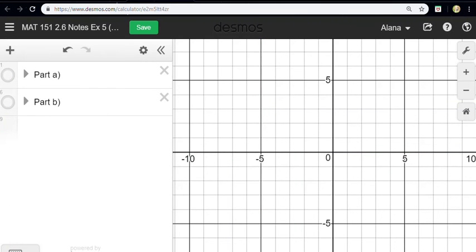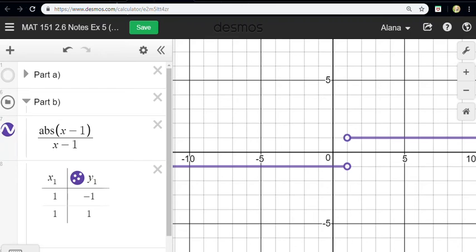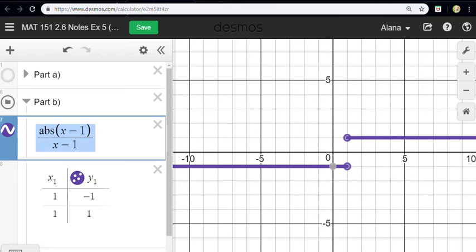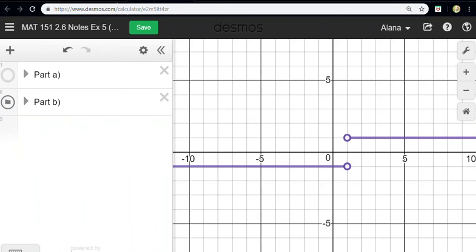So let me just hide part A and put in part B, and there it is. Absolute value of x minus 1 over x minus 1. Done. And I actually just threw in some empty circles at the points just so you could see them.